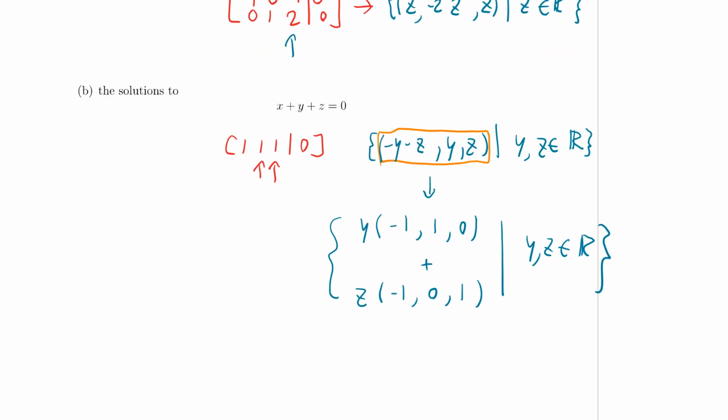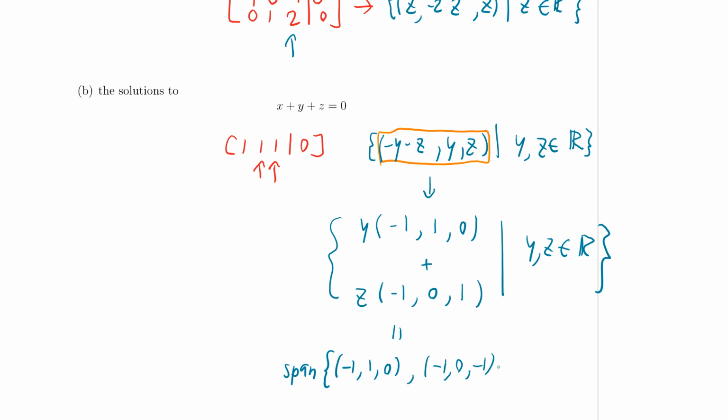Ta-da! So the solution for this equation is just a linear combination of these two vectors, negative 1, 1, 0, and negative 1, 0, 1. So this is just the span of negative 1, 1, 0, and negative 1, 0, 1.